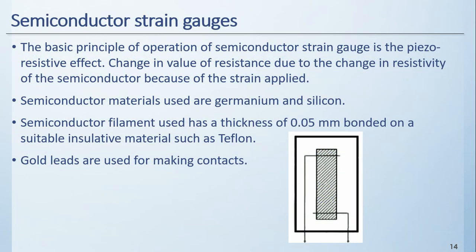Now the semiconductor strain gauge. The basic principle is the piezoresistive effect. Now, a change in the value of resistance is due to the change in resistivity of the semiconductor because of the strain applied. So here you are using semiconductor materials like germanium or silicon.